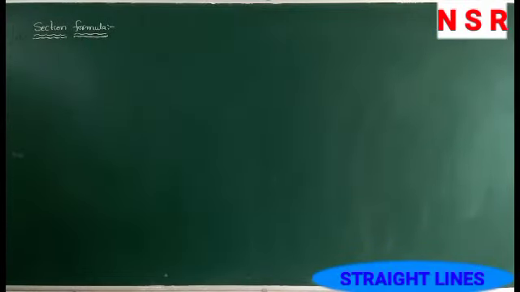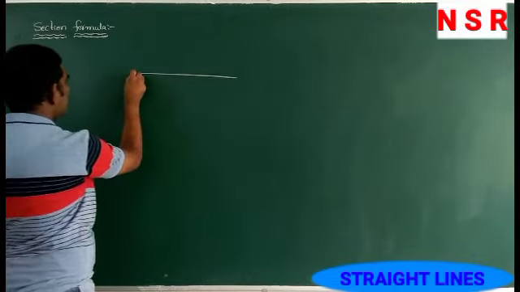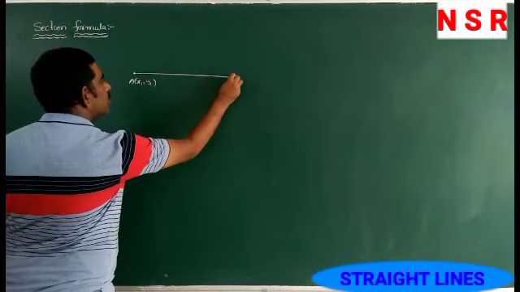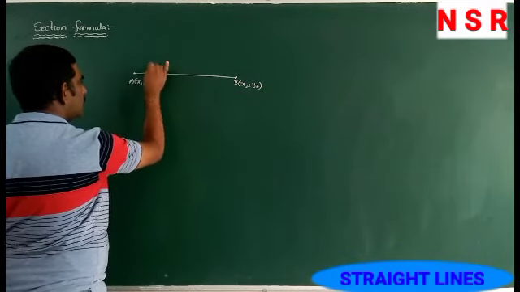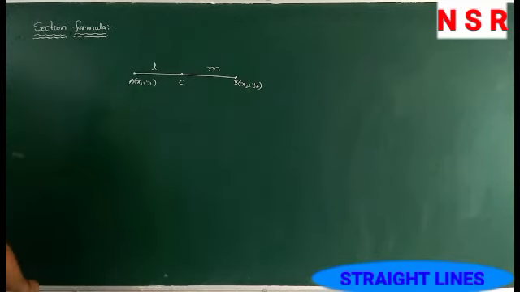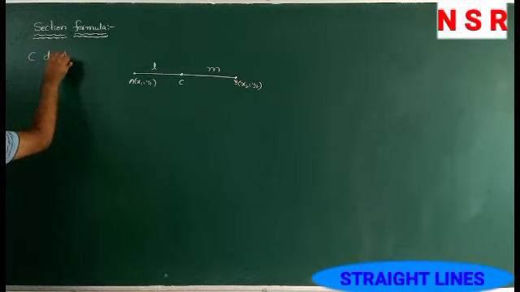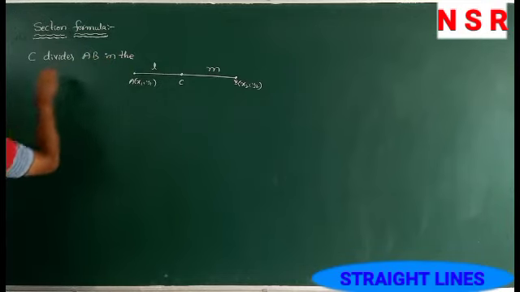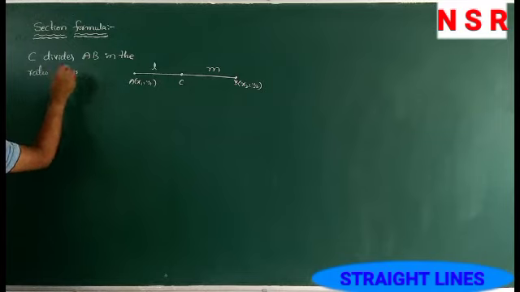So next one, the section formula. On a line, suppose A and B are two points, A (x1, y1) and B (x2, y2). These two points are divided in the ratio L:m by another point C. So here C divides AB in the ratio L:m internally.